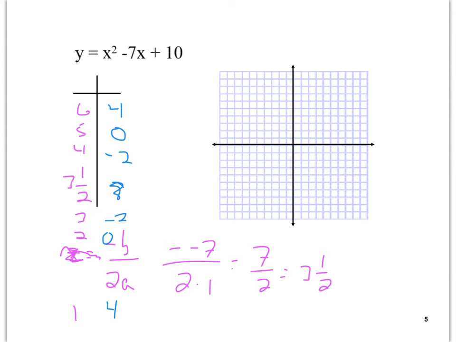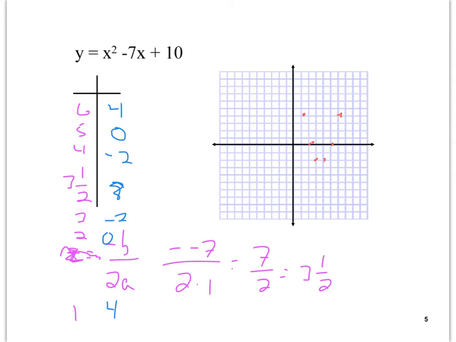So let's plot those points. We'll do it in red. 6, 4 is going to be right here. 5, 0 is right here. 4, negative 2 is right here. 3, negative 2 is right here. 2, 0 is right here. 1, 4 is right here.